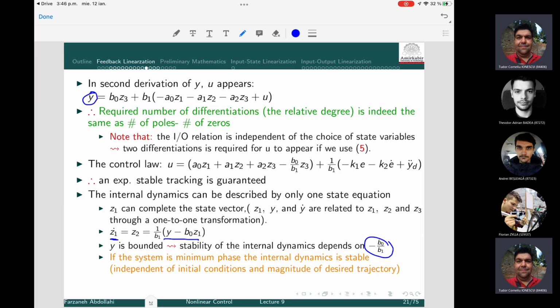Because if the system is minimum phase, if you remember from the loop shaping theory in the second year, due to the theorem of Bode, Bode's theorem, good phase in the mid-frequency range, because that's where the stability issues appear when you do loop shaping.